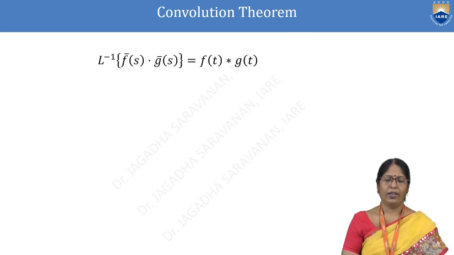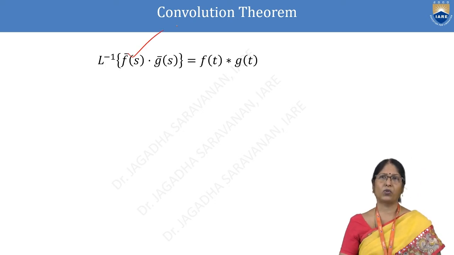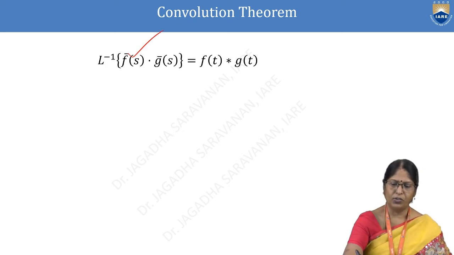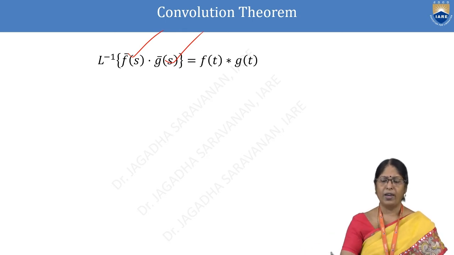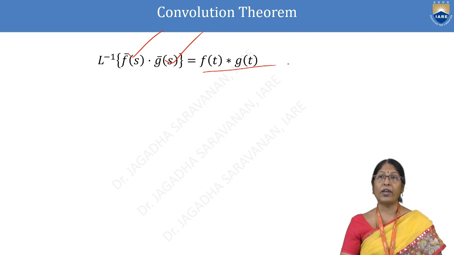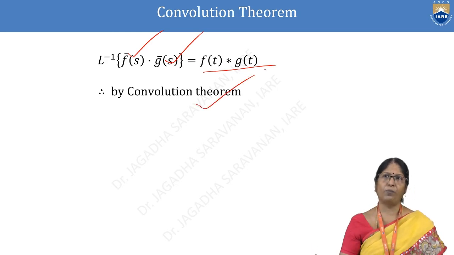So L inverse of f bar of s, that is 1 by s square plus a square, and g bar of s, the same thing, 1 by s square plus a square, is nothing but the product of f of t and g of t. Fine. Now we can take the convolution theorem.